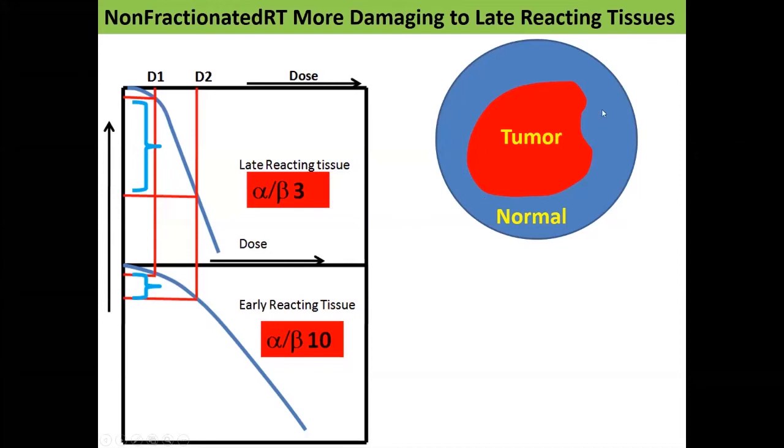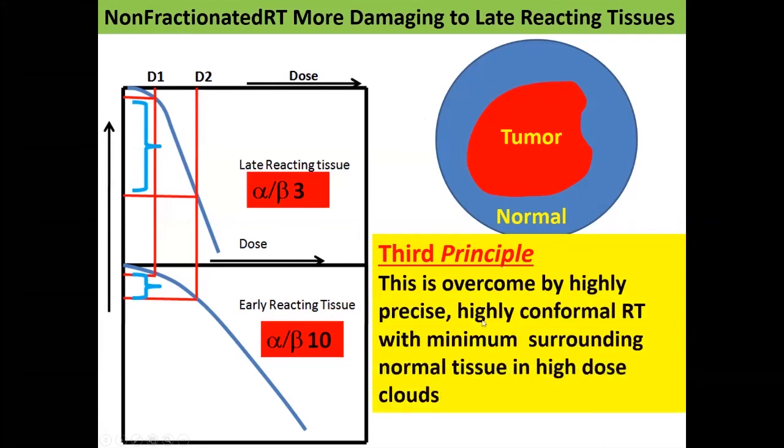So when you increase the dose from D1 to D2, it should cause more damage to the surrounding normal tissue for late effect. Answer is yes, it will. Then the question is how we overcome this problem. Now this problem is overcome by highly precise, highly conformal radiotherapy delivery with minimum surrounding normal tissue in high dose clouds. And this principle gives rise to the concept of red shell.